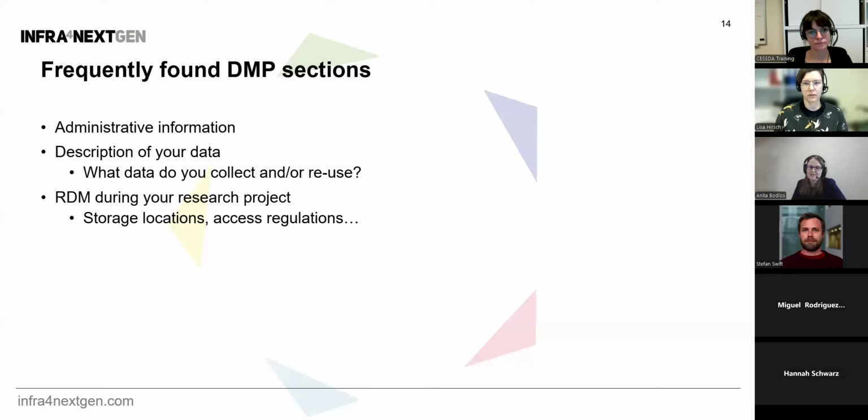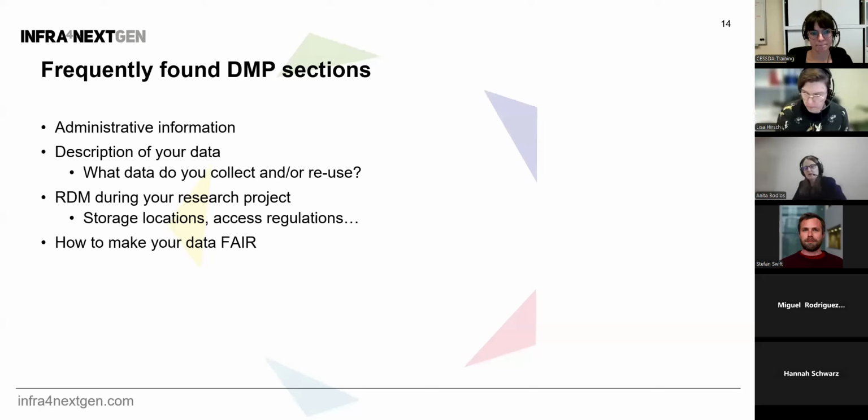And also access regulations to your data are a very good thing to regulate in advance. So who has access to your data? What happens if a PhD student who works on your project changes affiliations or changes supervisors? What is he or she allowed to use to work with the data or not? So these things are good to lay out in the DMP.